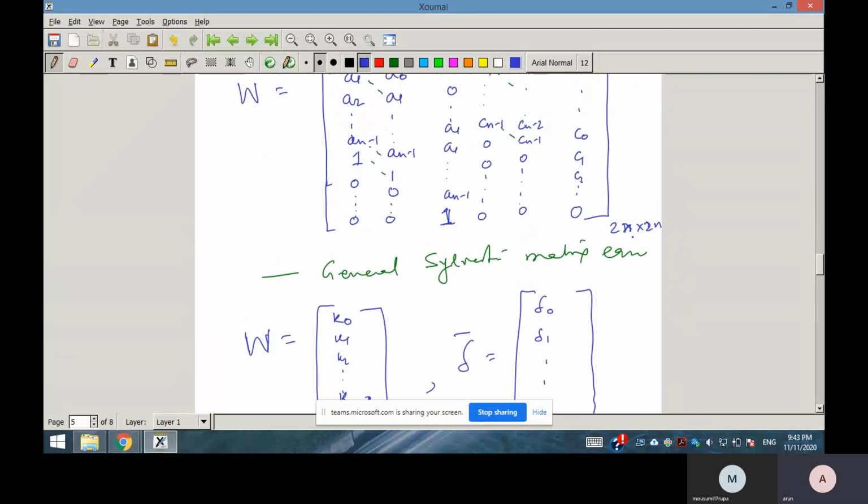This matrix is 2n cross 2n, because n is the plant order and n minus 1 is the controller order, so it would be 2n minus 1, but another 1 equation I have brought in, so that's why it is 2n minus 1 plus 1, that's why it is 2n cross 2n.